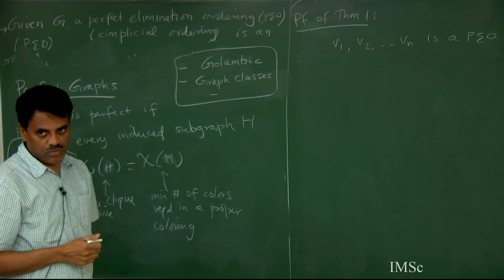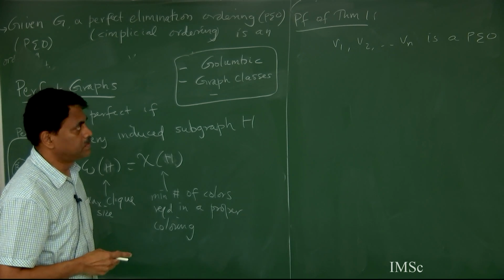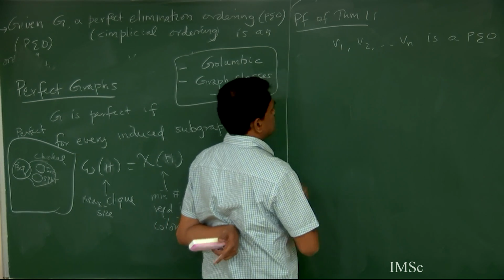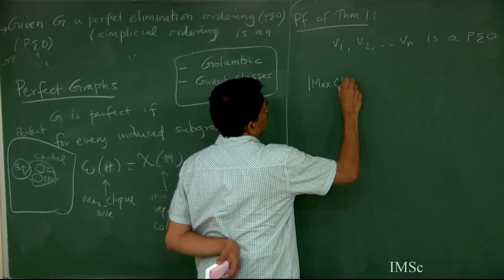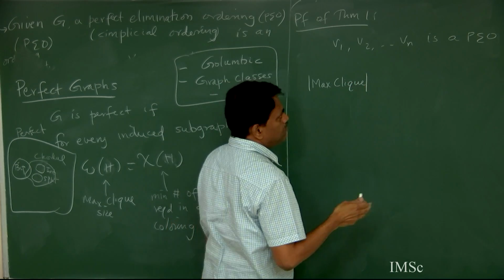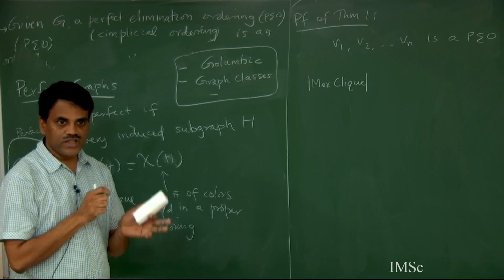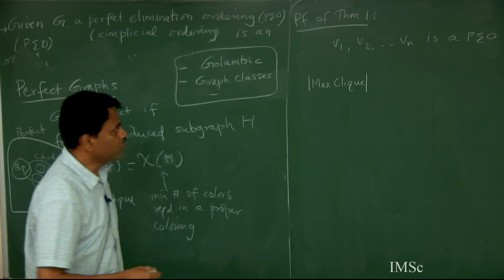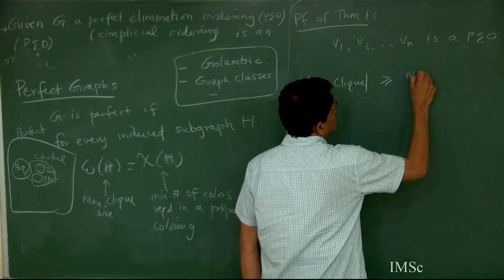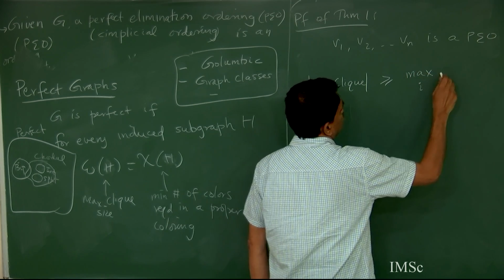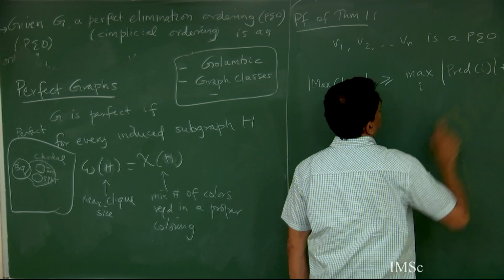I want to solve the clique problem. We know that for every vertex, its predecessors induce a clique. So including that vertex, that is a clique. So we know that the max clique size of G is at least the max over i of the number of predecessors of Vi plus 1.